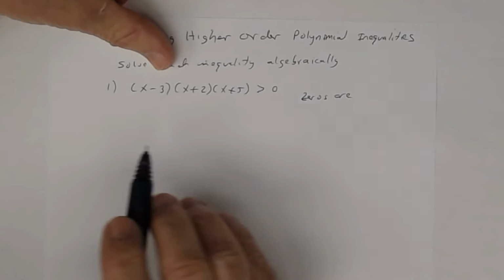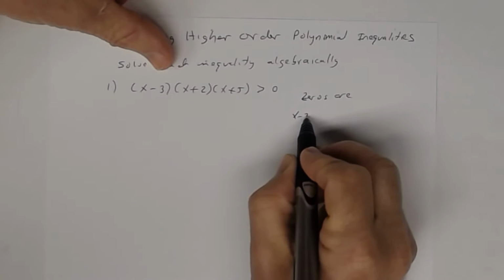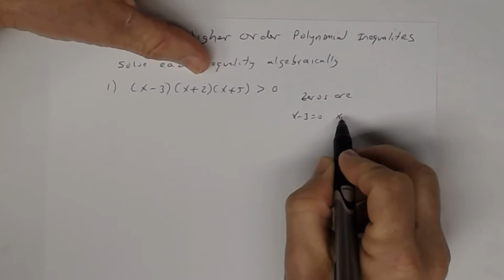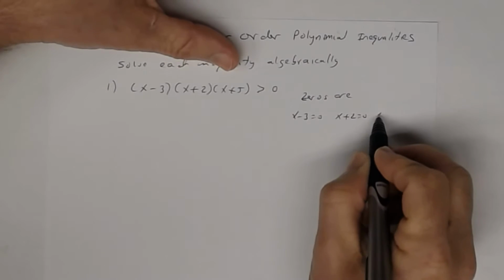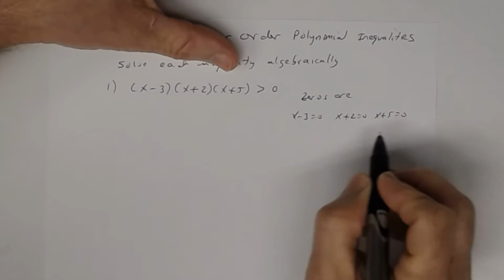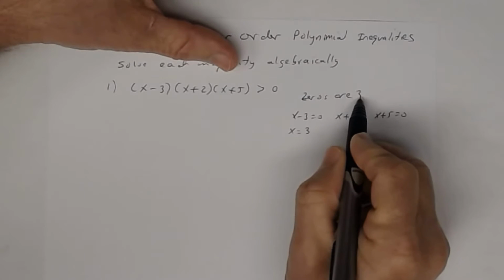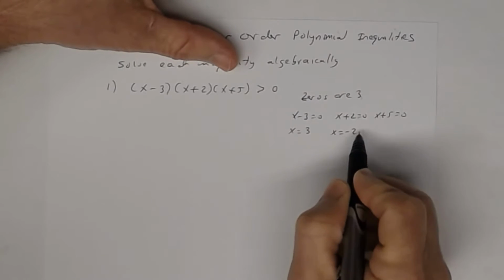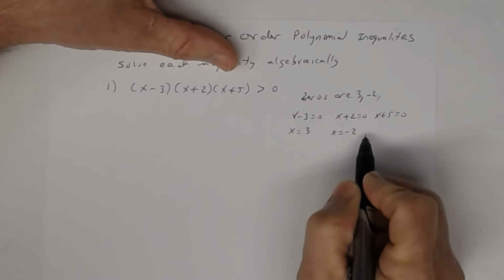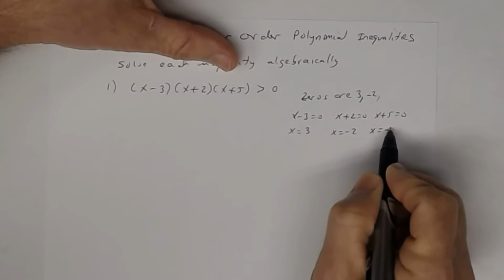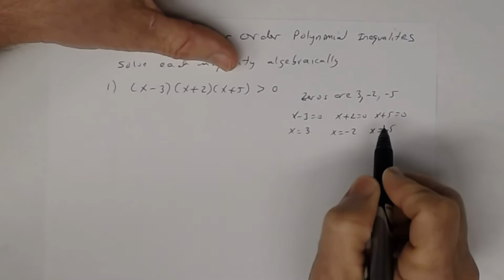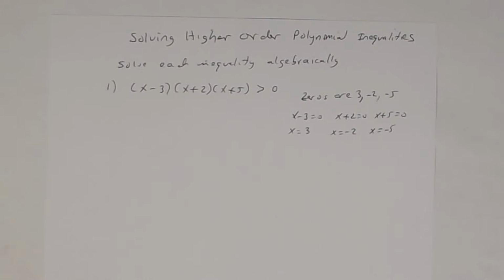That's how you find your zeros. So we're going to say x minus 3 equals 0, x plus 2 equals 0, x plus 5 equals 0. And so your zeros are, solving for x, you get 3. Over here, it is negative 2. And then over here, it is negative 5. So those are your 3 zeros.